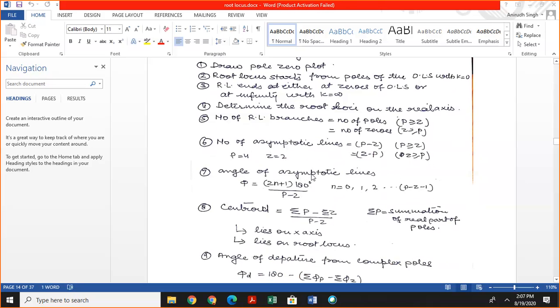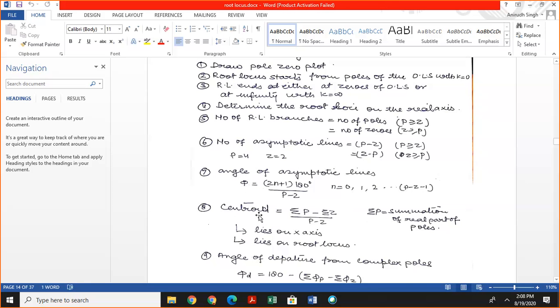Then determine the angle of asymptotic lines. The angle of an asymptotic line is given by psi equal to (2n plus 1) multiplied by 180 divided by p minus z, where n takes values from 0, 1, and the last value is p minus z minus 1.